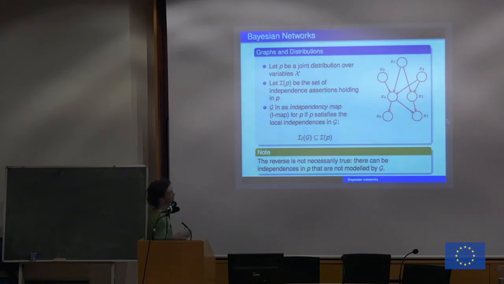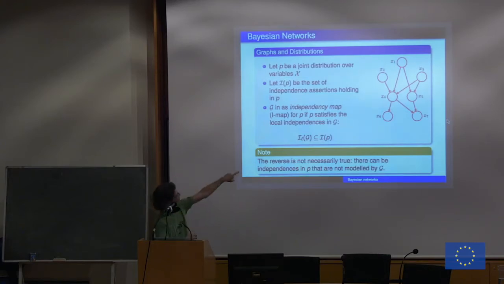Now, a certain graphical structure, G, can be used as a way to encode these kinds of independencies, okay? And G is called an Independency Map, or IMAP, for a probability distribution P, okay, if all the independencies encoded in G actually hold in P, okay?